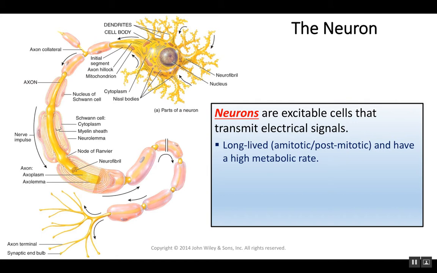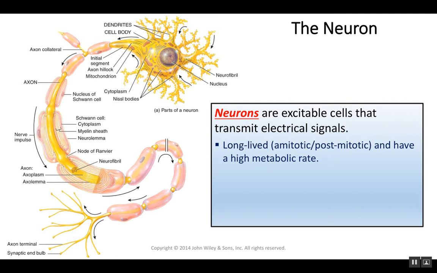Neurons are very highly metabolic. They have a high metabolic rate. What that means is they're going to require a lot of glucose. They're going to require a lot of oxygen. So your brain gets a lot of your blood flow by percentage, even though, if you remember, the nervous system makes up very little of you by mass.